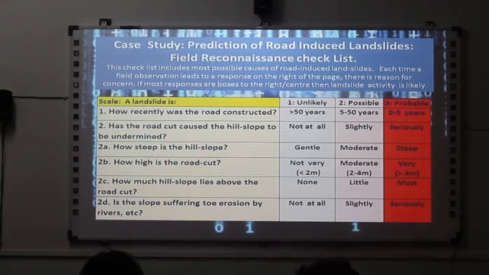But when we get above 3-4 metres, we really do start having problems. How much hill slopes above it? If you're close to the slope crest, you're not going to get big landslides as if you were at the bottom of the slope when you have the whole mountain on top of you. Have you got problems with toe erosion by rivers? Activity along faults you would probably include too.